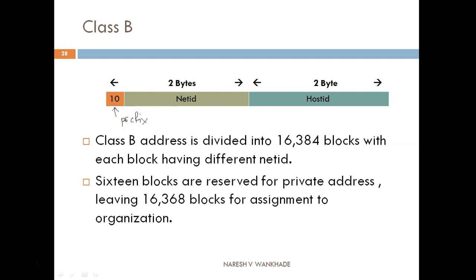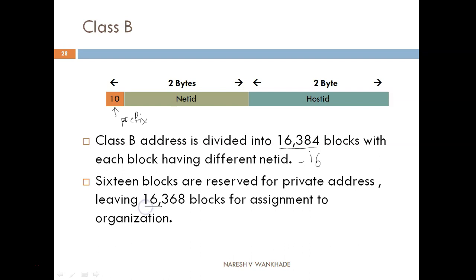This 10 is used to identify class of address, means address which starts with 10 belongs to class B. And this class B is divided into 16,384 blocks, with each block having different net ID. And out of this 16,384, 16 blocks are reserved for private addresses.